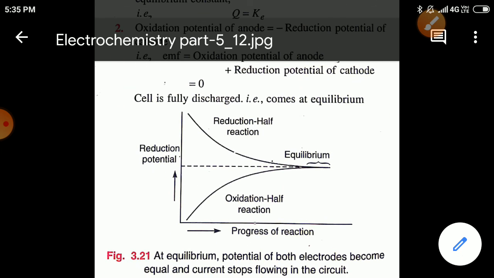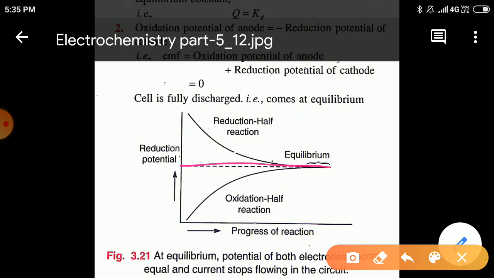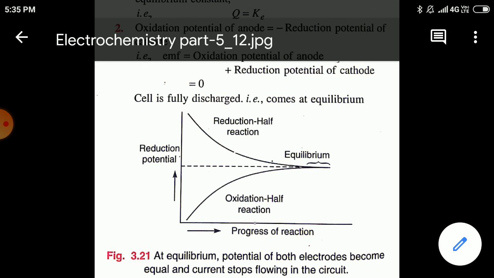Here one diagram is given that indicates at equilibrium the reduction half reaction and oxidation half reaction meet at a point that indicates the reaction is at equilibrium. So at equilibrium the potential of both electrodes becomes equal and current stops flowing in the circuit. Thank you.